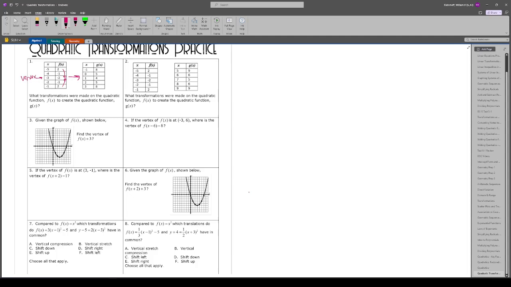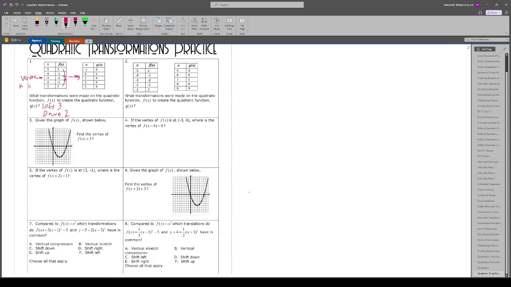The vertex tells us 2 of the 3 things we need to know for transformations. It tells us h and k. In this case, it tells us that we went to the left 3 units and that we went down 2 units. So we have 2 translations, left and down.